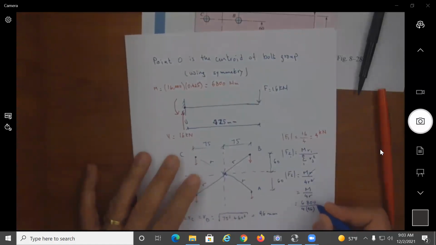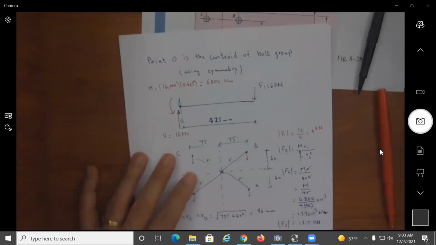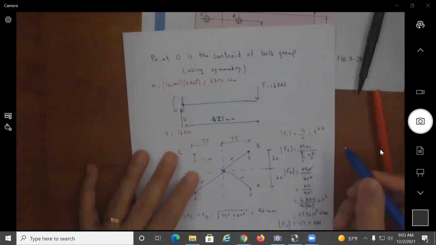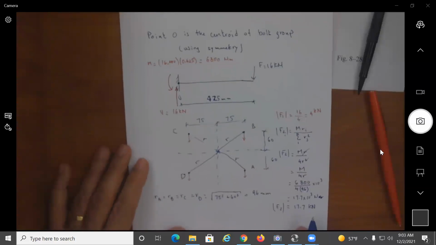I do 96 times 10 to the power 3 and I will get 17.7 times 10 to the power 3 Newtons, or 17.7 kilonewton. I'm sorry, there is no meter, kilonewton. So this is the F2 component. We had F1 that was 4 kilonewton, and I have the magnitude of the second force as 17.7.